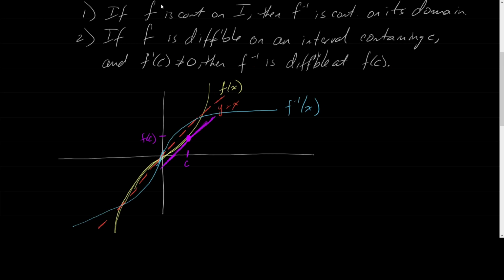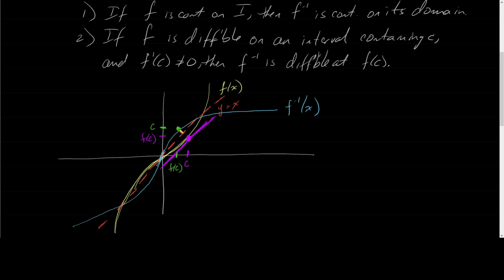So what do we mean by that one? Let's use green. If there's a point here on f of x, there's also a point over here on f inverse of x, where the domain and range change. Where this x value was c, now that's the y value, and where this y value was f of c, now that's the x value.